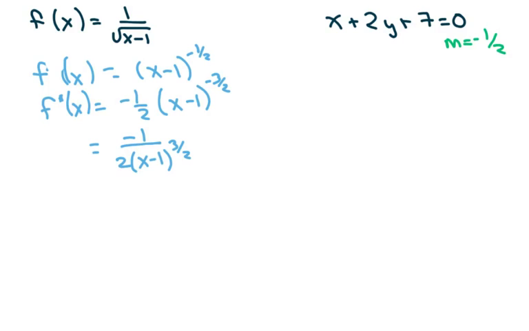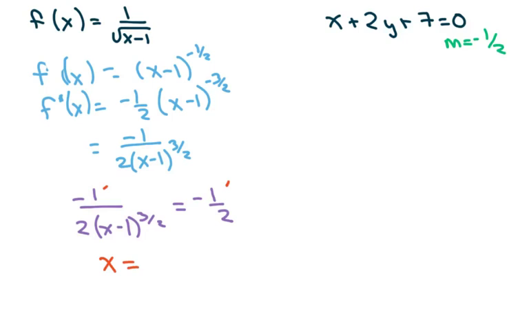Now we're going to equate our derivative to our slope. And clearly, if you look at this, we want the denominator to be a 2. Our 1's already match, and the only way that can happen is if x is 2.